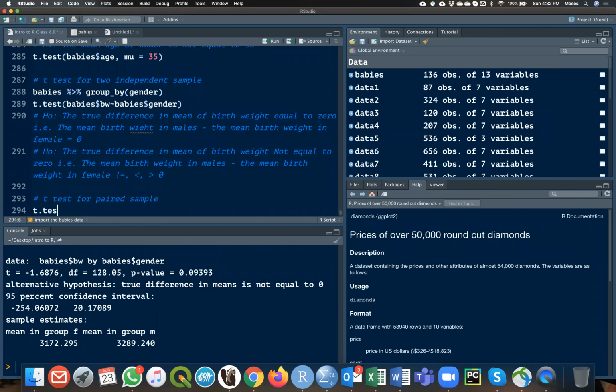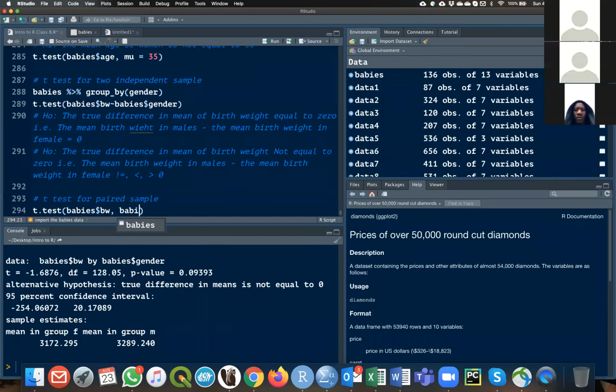As I said, I'll do a t-test of the babies, taking birth weight at delivery as well as birth weight at discharge. So if I do this, then I run this one.